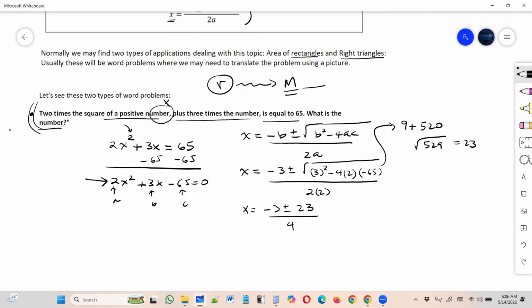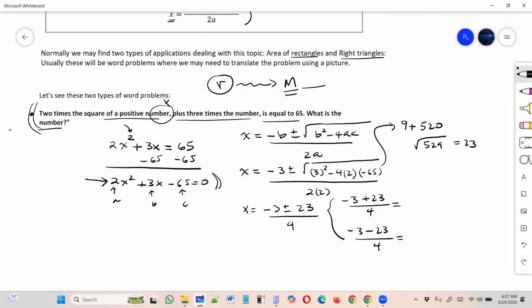Now, the fact that the radical came out to be a perfect square indicates that this equation was factorable. But that's okay. We're just practicing using the quadratic formula. So the two solutions are negative 3 plus 23 over 4 and negative 3 minus 23 over 4.